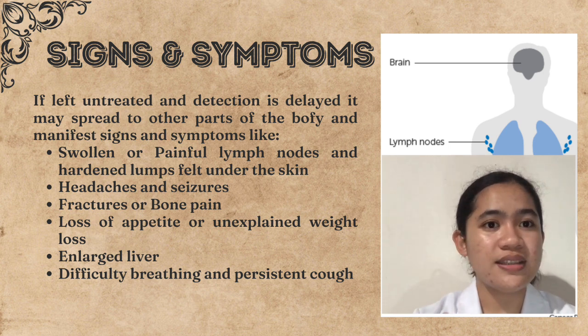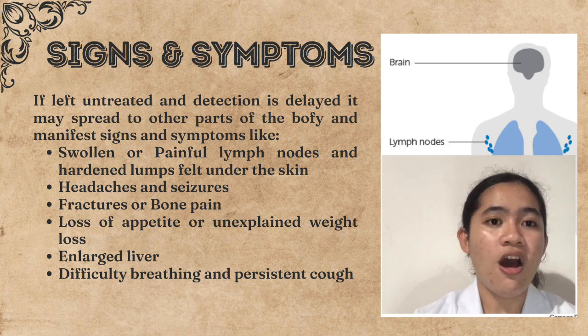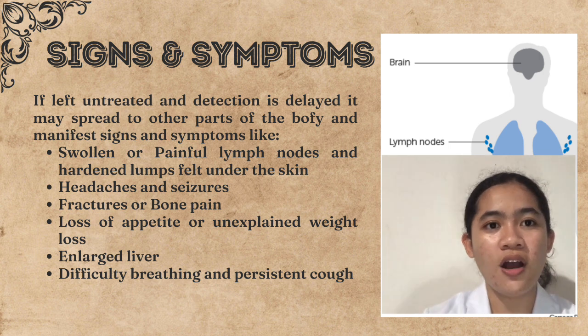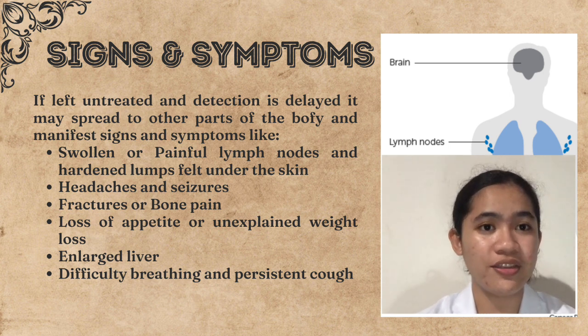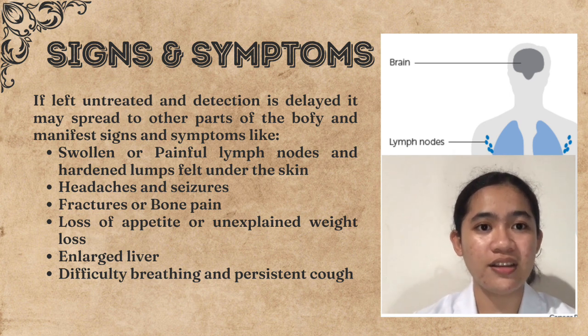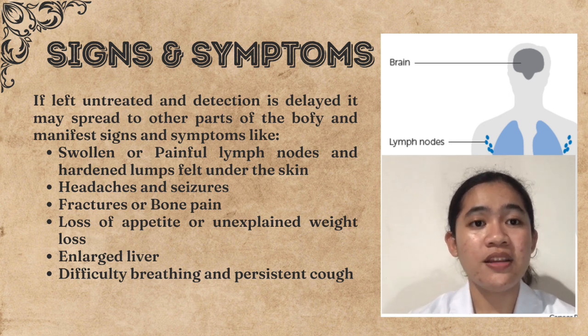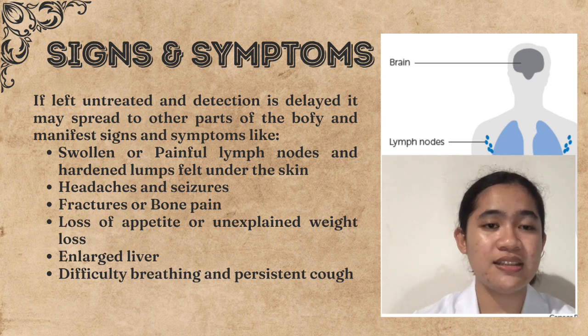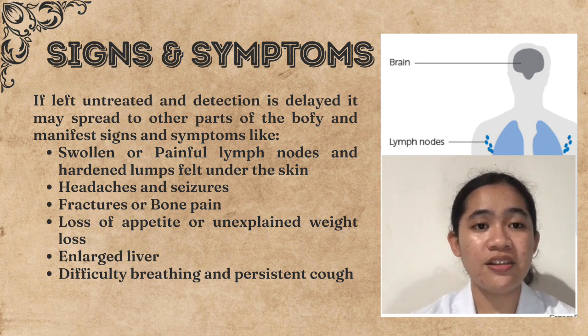So those symptoms and signs are much more life-threatening, because your skin cancer has already affected different organs in your body. Therefore, the manifestation is not only centered or focused on your skin, it has already reached other organs.